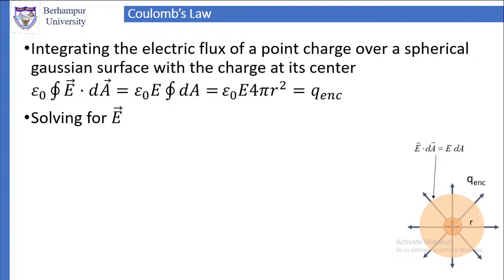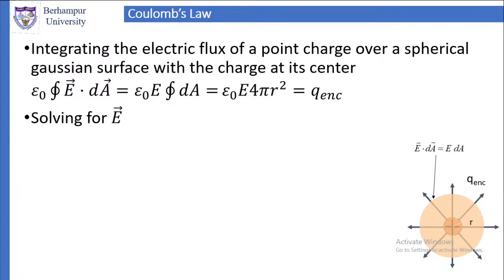So epsilon 0 into E, then integration of dA. If you take an elementary area on the surface of the sphere and integrate, you will get the surface area of the sphere, which is 4 pi r square.